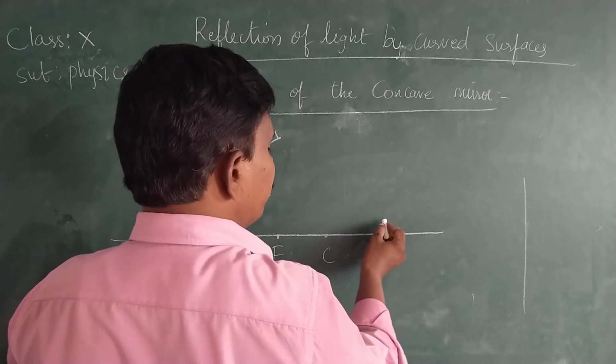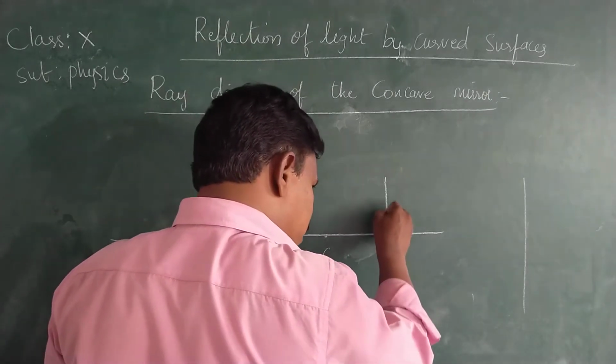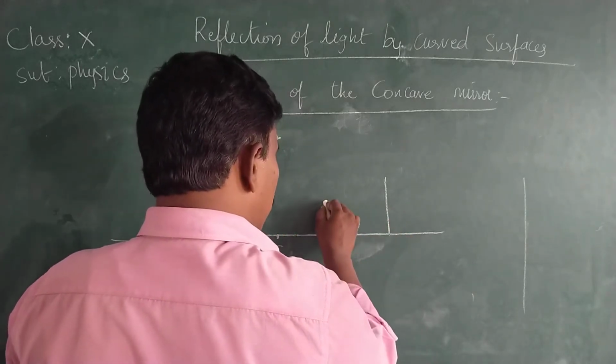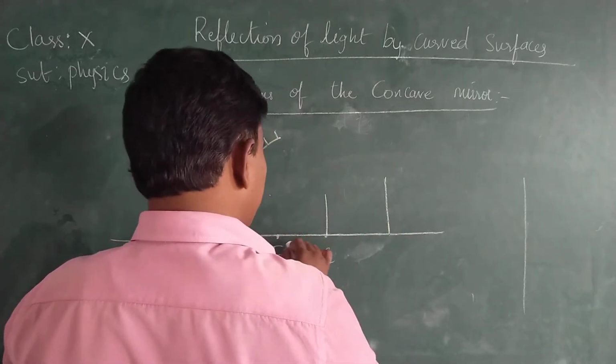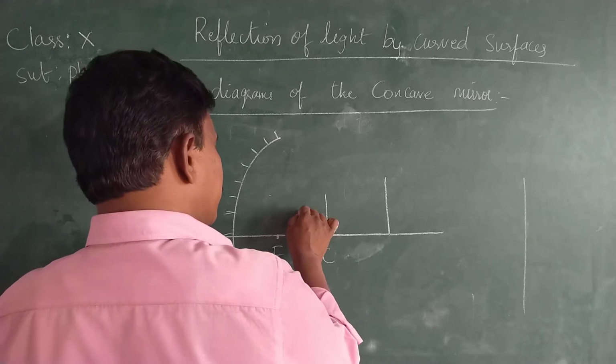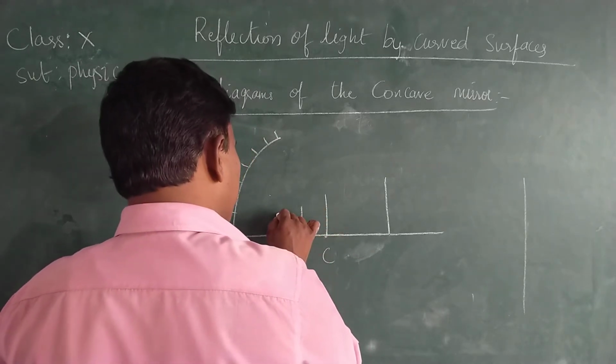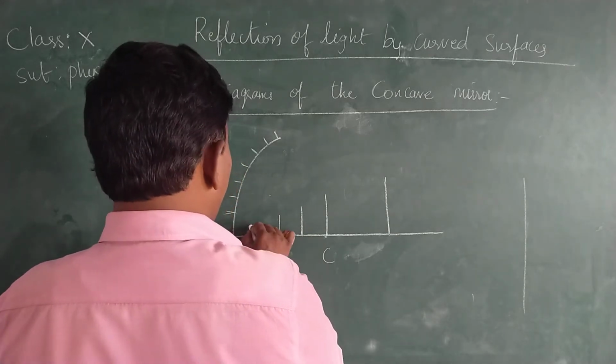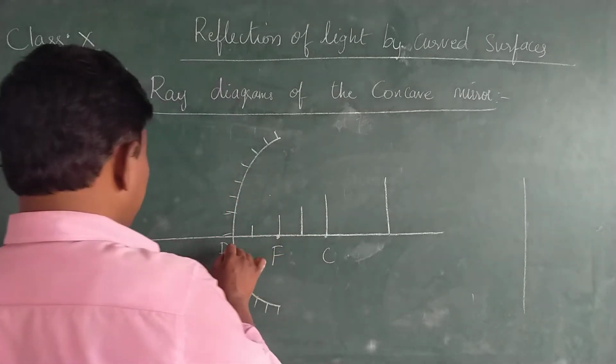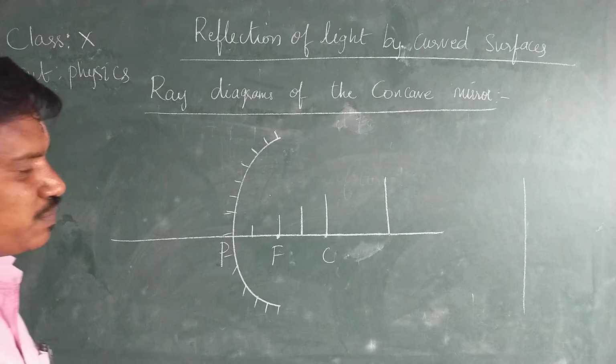Beyond means in front of. Beyond the center of curvature, on the center of curvature, between the center of curvature and the focal point, on the focal point, and between the focal point and the pole. These are the 6 positions.